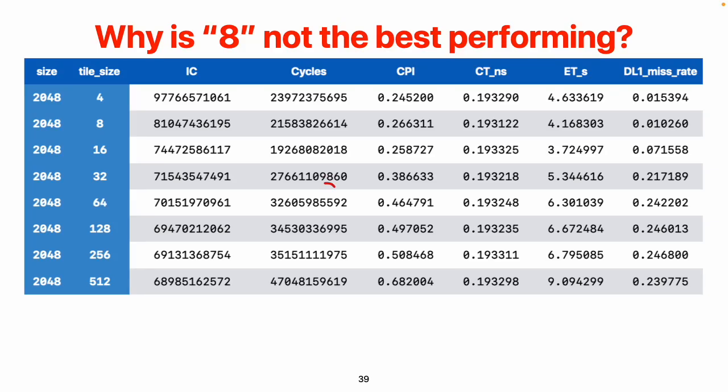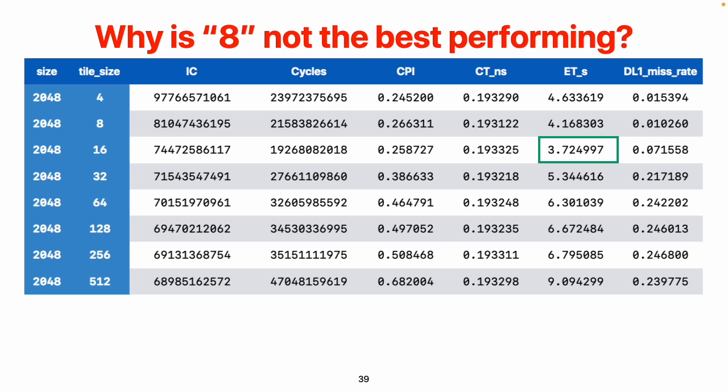But do you think there's a big change in the CPI? So the thing is that it doesn't make a difference, right? What you mentioned is only if, even though I have a 16 by 16 tile size, do they fit in L1? Yeah. They do fit in L1, right?